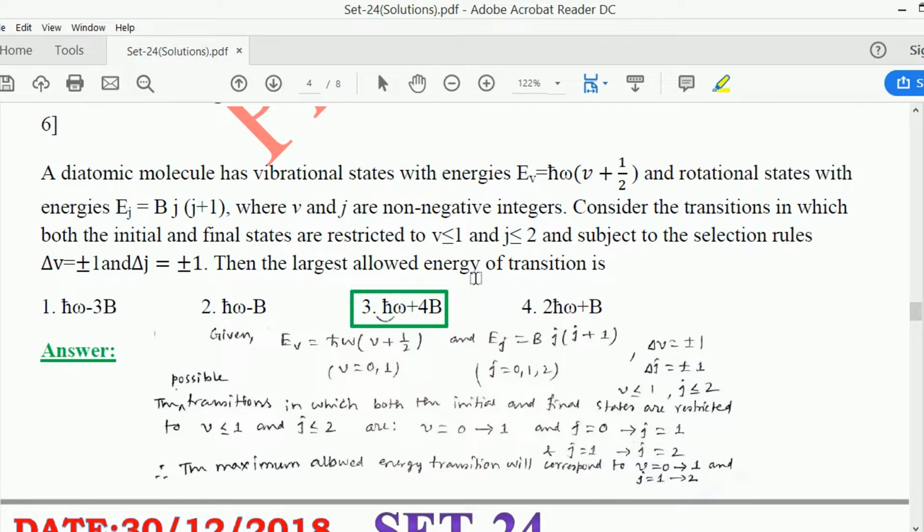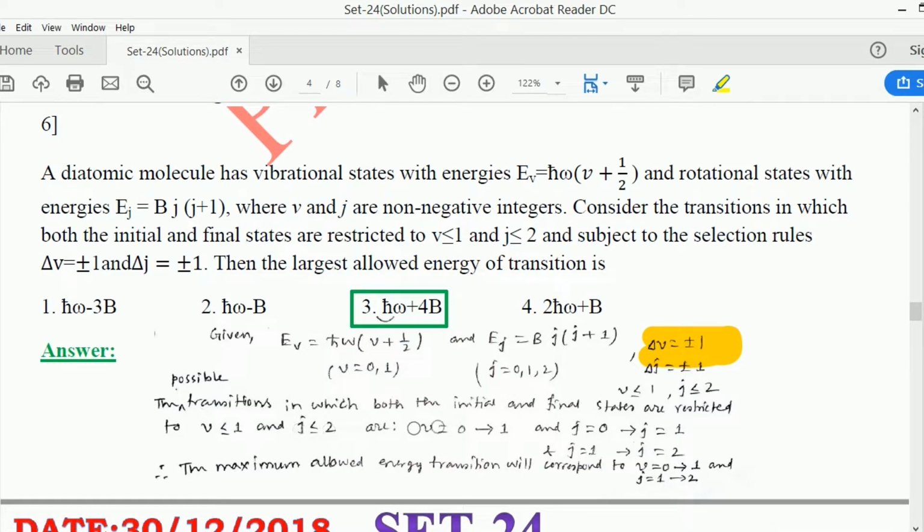Then the largest allowed energy of transition is, now it is given EV equals h cut omega into V plus half and EJ equals B into J into J plus 1, and these are the conditions we are given. So from this condition we see V is less than or equal to 1, so it can be 0 or 1, and J is less than or equal to 2, so it can be 0, 1 or 2.